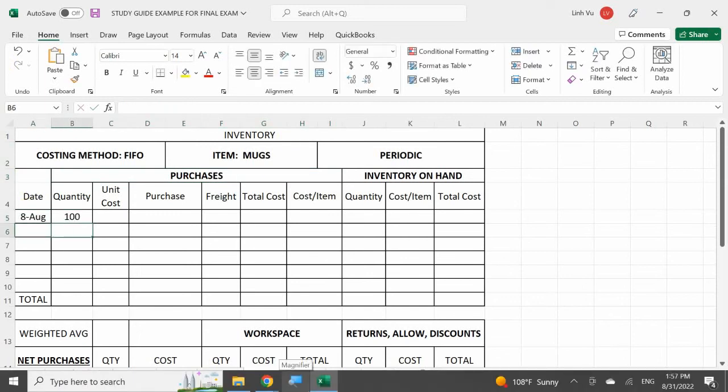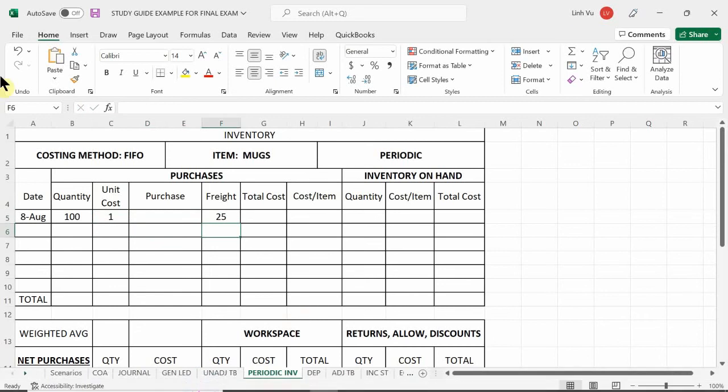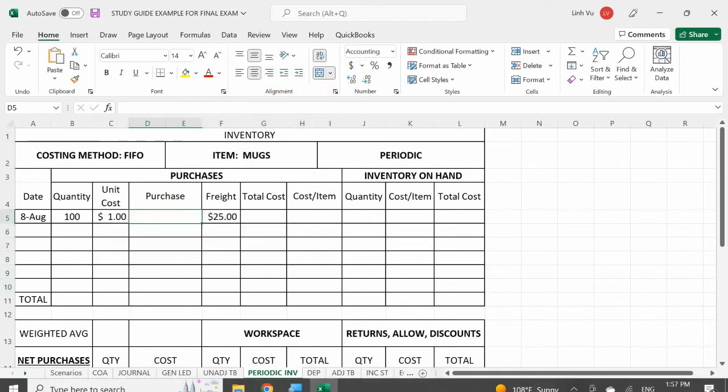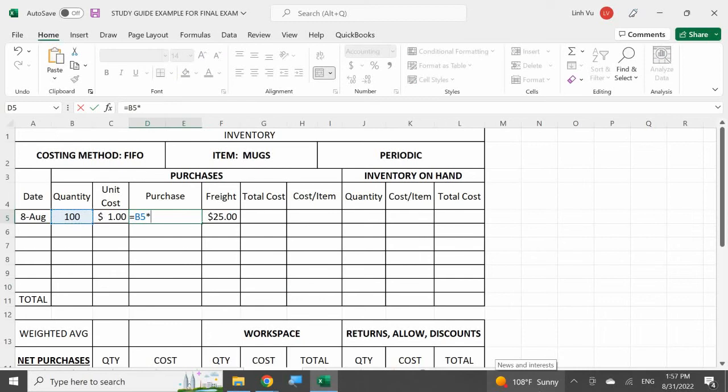We purchased 100 of them at $1 each with a freight of $25. So in this case, what's my purchase price? $100. Total cost? $125. Right.